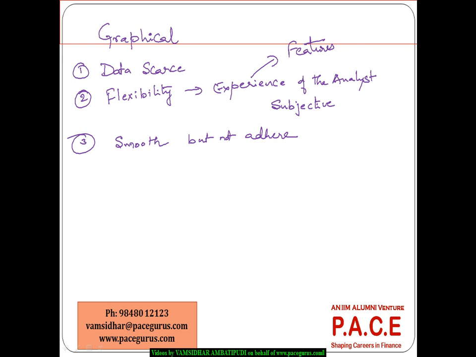They can adhere more to the data, but may not be smooth. Because of that, multiple attempts, multiple iterations of drawing the curve or making physical adjustments to the data, that is what we call hand polishing.